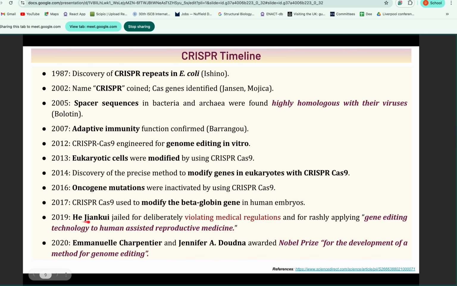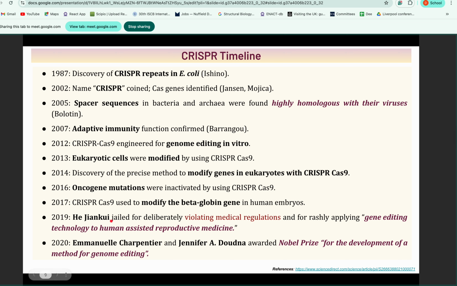In 2019, He Jiankui was jailed for deliberately violating the medical regulations and for rashly applying gene editing technology to human-assisted reproductive medicine. So now there are some ethical grounds which exist. We cannot use this on any organism like this only. We need to follow some rules and regulations. We need proper permissions. We need proper channels.